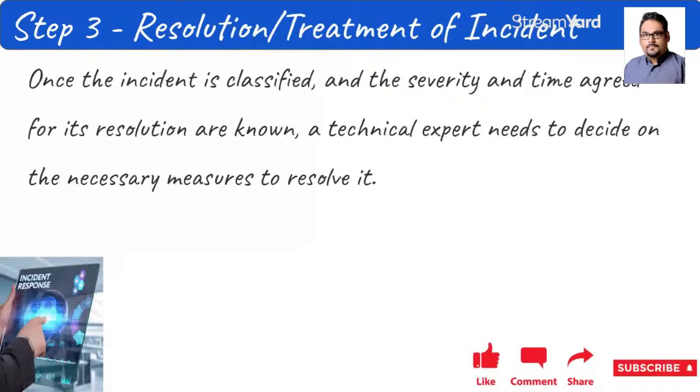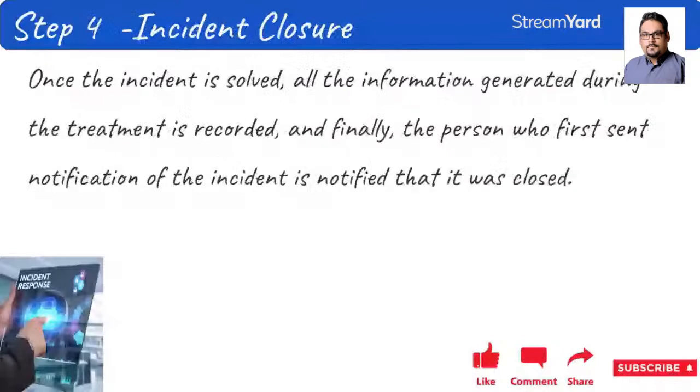After that, the third step is resolution, which is the treatment of the incident. How do you treat it now? Once the incident is classified and the severity and time is agreed, you have to define the resolution, and a technical expert needs to decide on what are the necessary measures that have to be taken in order to resolve that particular security incident. Now, once the incident is resolved by the technical expert, then the incident is solved and all the information that is generated is recorded.